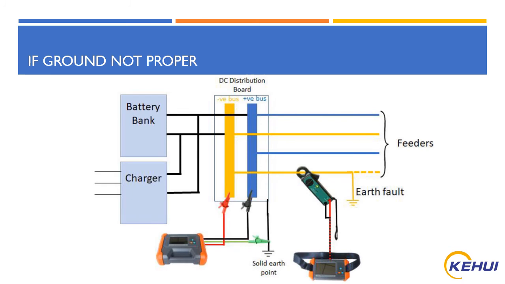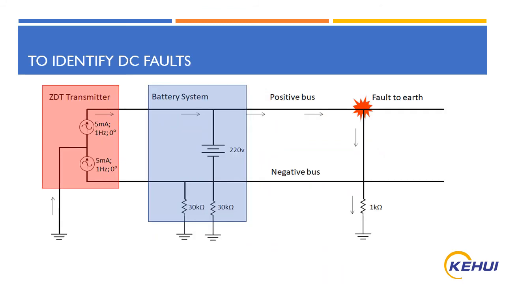There's another important thing we need to identify: if there is no proper grounding in your system, but you identify a fault in your DC network, we can clearly identify with our equipment that the grounding is not proper. So how do we do that?